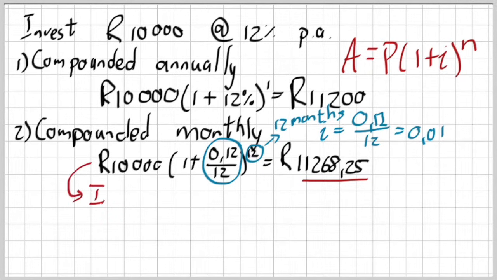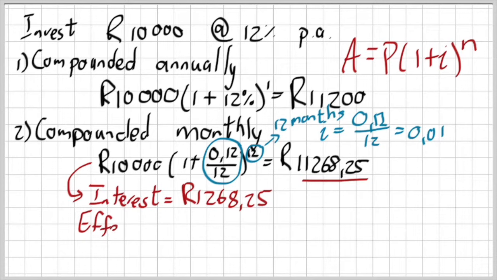When comparing this, my interest for this year, taking the difference between your starting and your end, was 1,268 Rand and 25 cents.